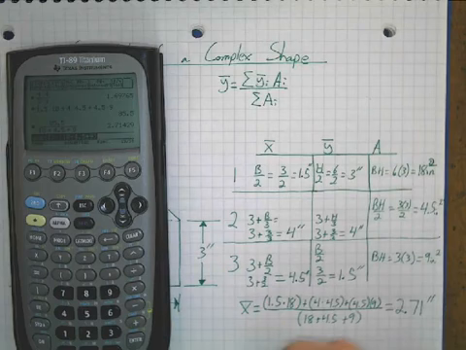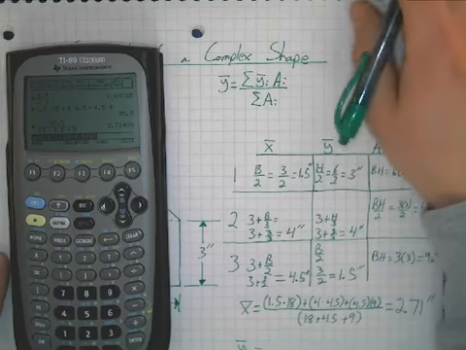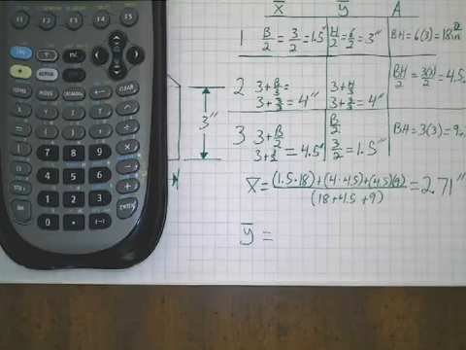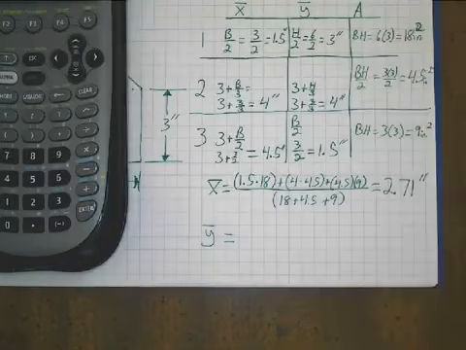Now for y bar, it's going to have a hard time showing up. It might look kind of funky and cut off some other stuff, but we'll make it work.